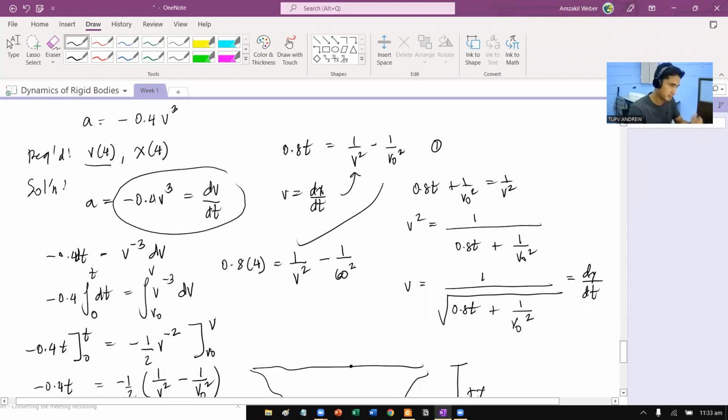So v squared, then the square root of that, in meters per second. That's 0.8 times 4 plus 1 over 60 squared, take the reciprocal of that, and the square root of that: 0.559.